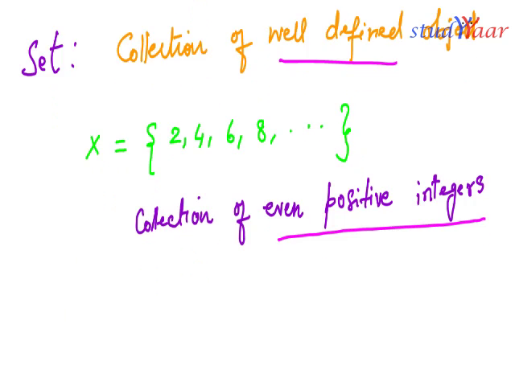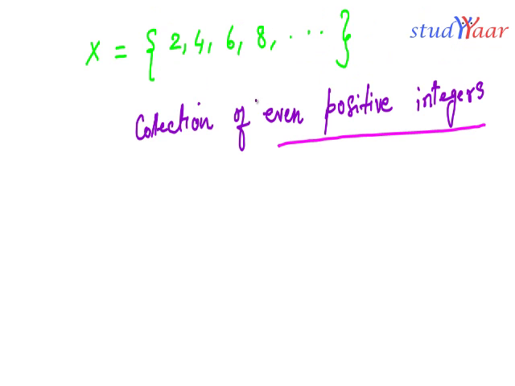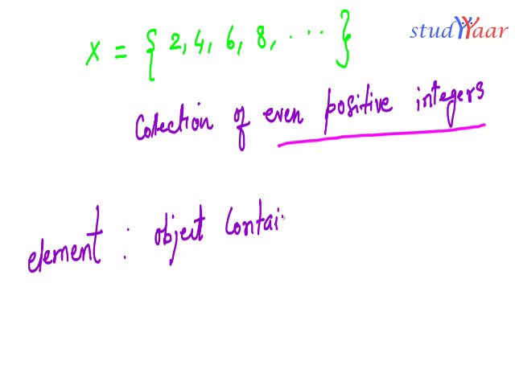So what is an element of the set? An element of the set is an object contained in the set, okay? So we are just going to look at a terminology over here. Element is an object contained in the set.